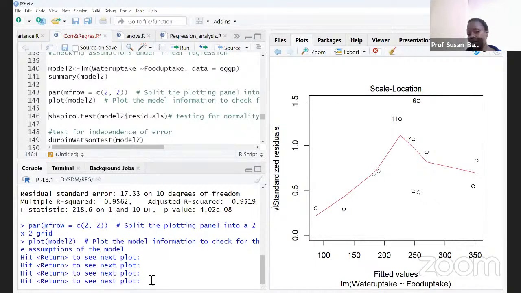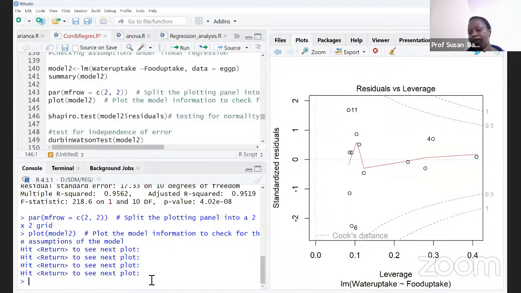Then if you hit enter again, you'll see the last graph, residuals versus leverage. This one is going to tell us whether we have influential observations or outliers. So the dotted lines you see on top here, let me zoom out, then stop sharing and share this graph alone.